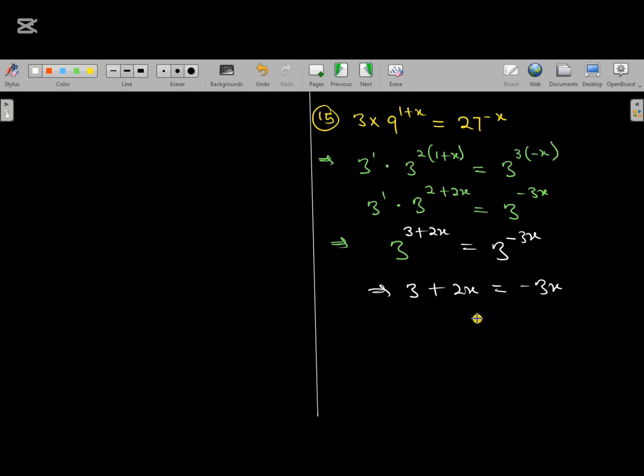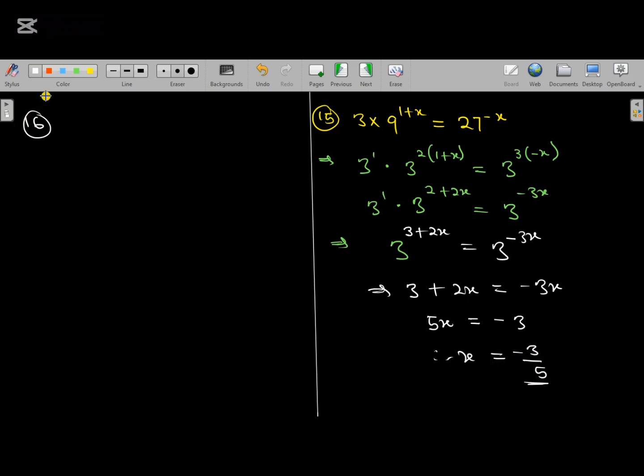Take like terms together. So 3x minus 3x coming here will become positive, and so 2x plus 3x will give us 5x equal to positive 3 crossing over here will become negative. Therefore, our x is negative 3 all over 5.